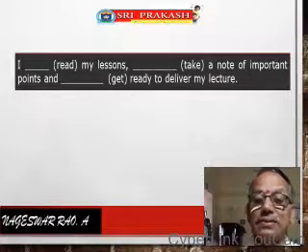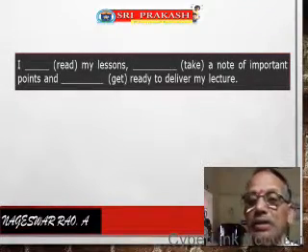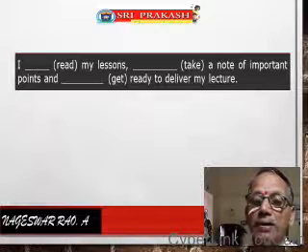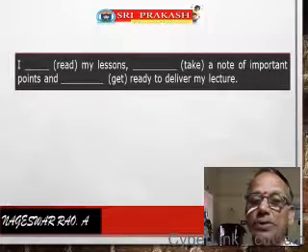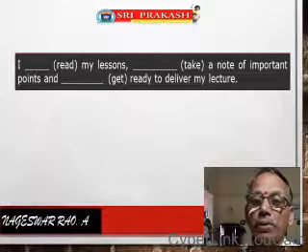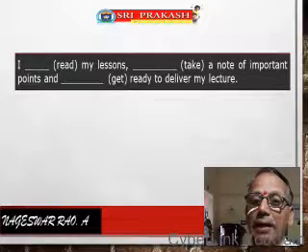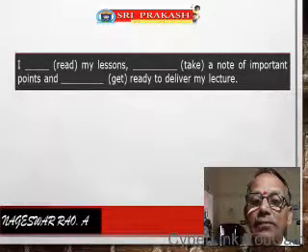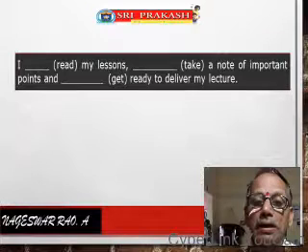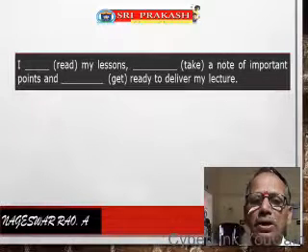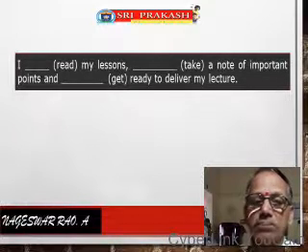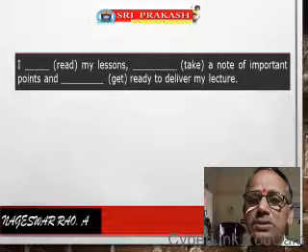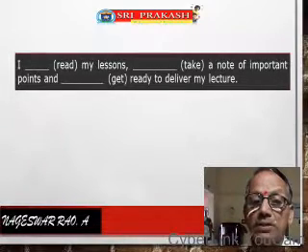Let us see this example. I dash read my lessons, dash take a note of important points and dash get ready to deliver my lecture. Here also we have three actions and all these three actions follow some sequence.